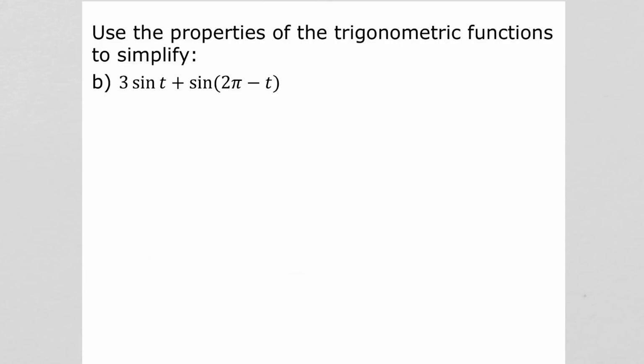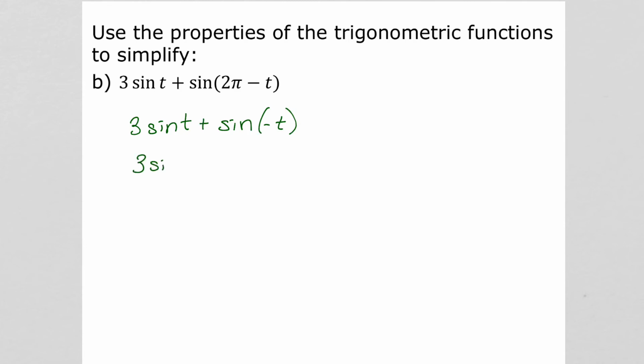Okay, let's look at a couple more. So here we have 3 sine of t plus sine of 2 pi minus t. Well, sine is periodic, so sine of 2 pi minus t would be the same as the sine of negative t.